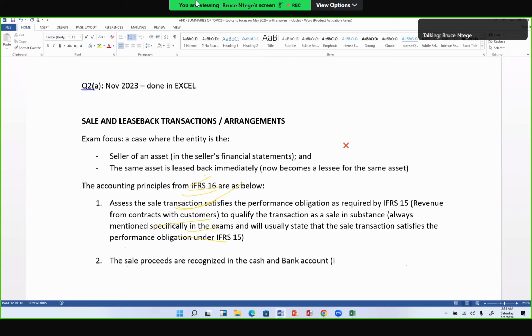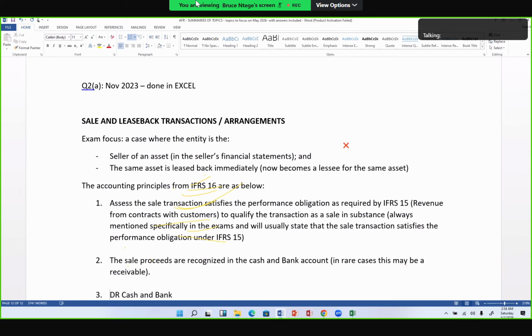In rare cases, this may still be a receivable if the other person has not yet paid this company. But your exam will always take it in cash and bank. Implied in here is that you're debiting cash and bank with the amount of the proceeds received.